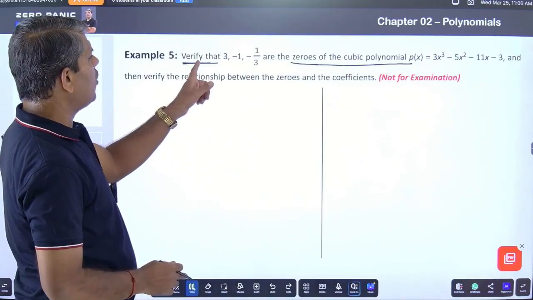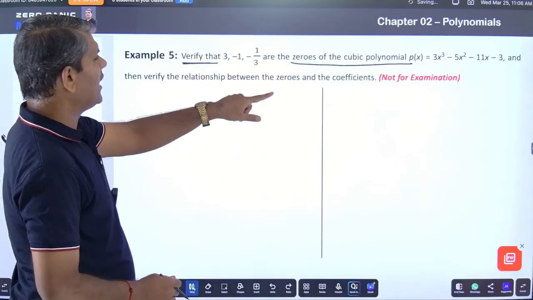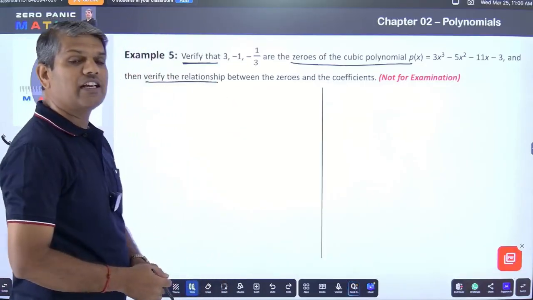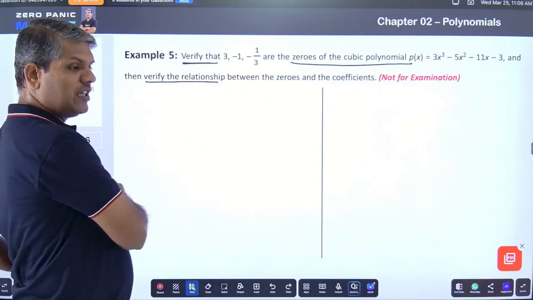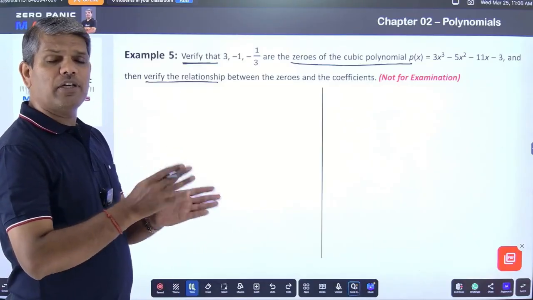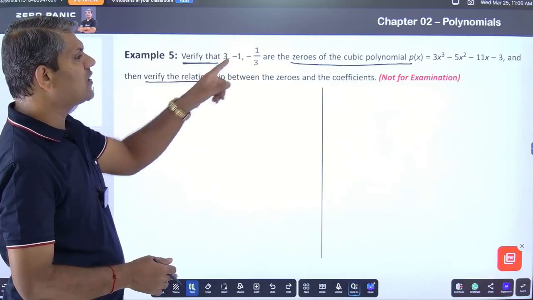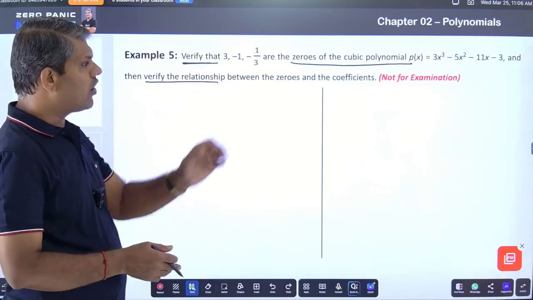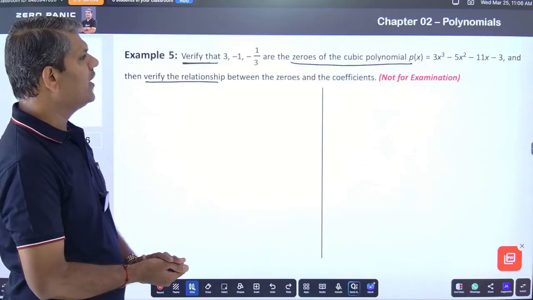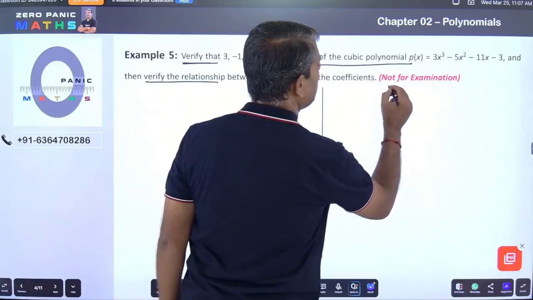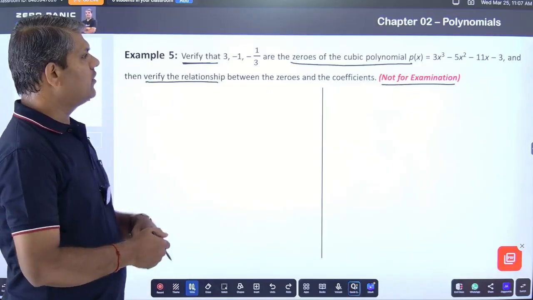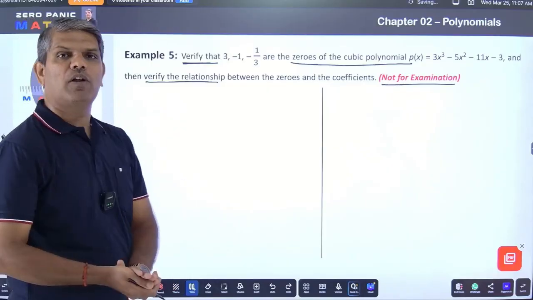In the second part, they want us to verify whether the relationships we discussed in the previous slide, between the coefficients and the given zeros, hold true for this cubic polynomial or not. In the textbook itself they mention that this is not for examination. So if you want, you can take this as an example for homework.